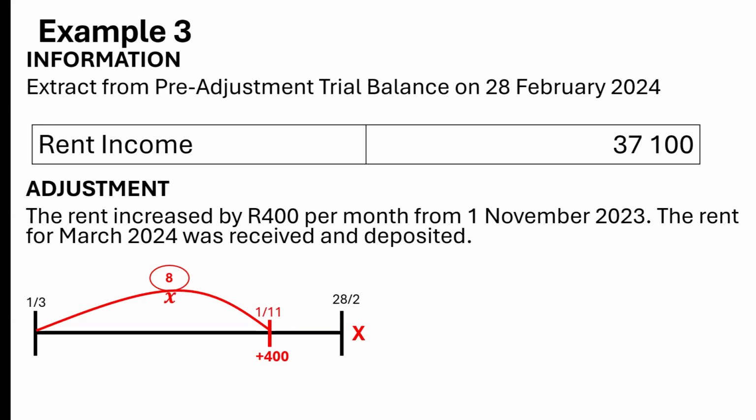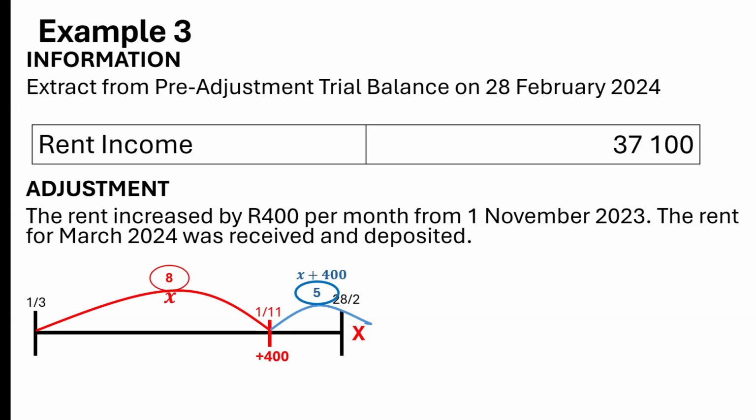I do not include November as it is the 1st of November. Now, from 1 November until March, we had November, December, January, February, and March, 5 months. And for that 5 months, rent was X plus 400.